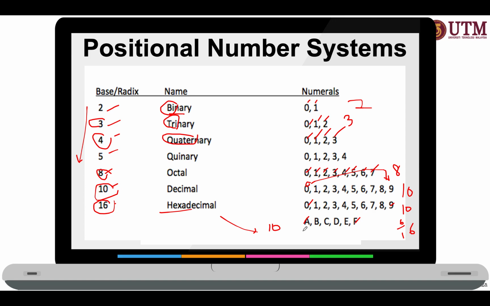That's why we represent A as 10, B as 11, C as 12, D as 13, E as 14, and lastly F as 15. So this is just the basics of the positional number system.